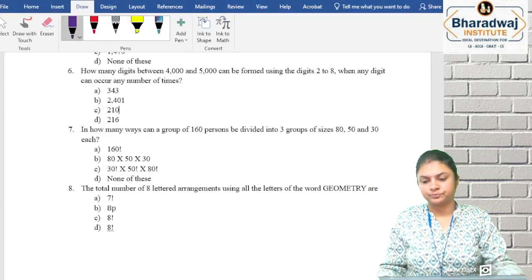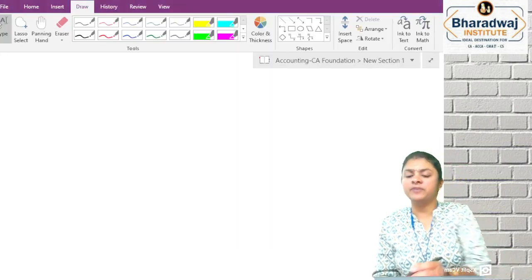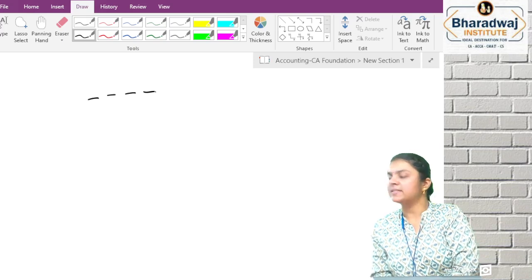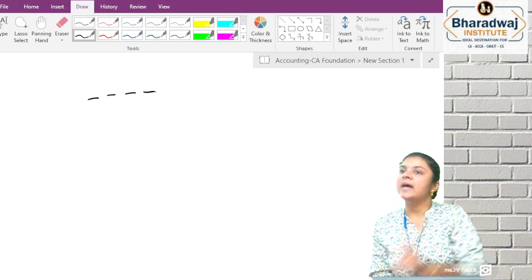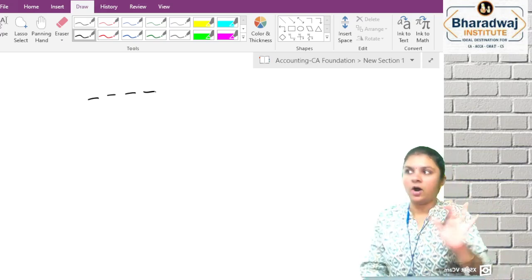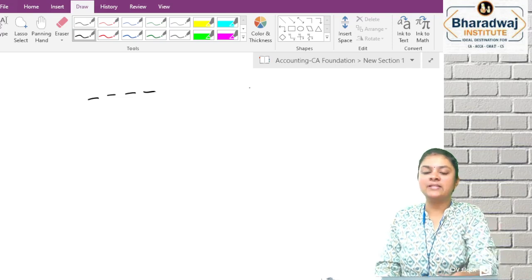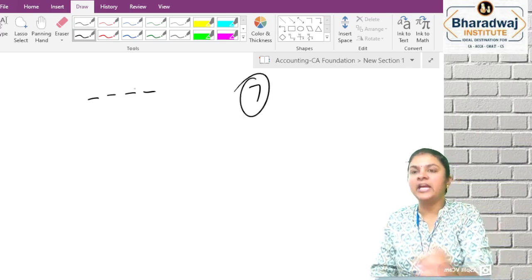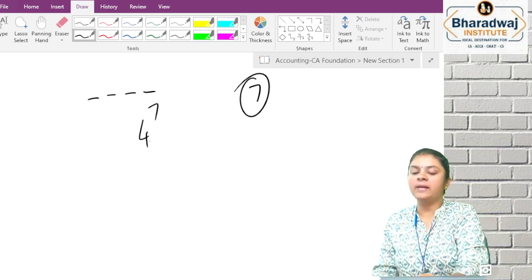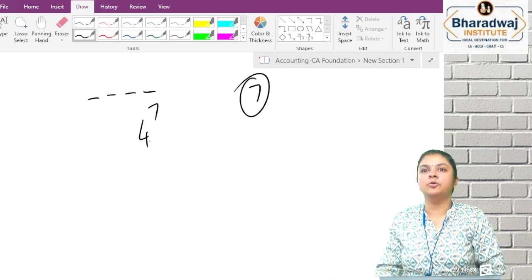So between 4000 to 5000 na how many places? 4 places. Now 4 places I can have any number of times any digit occurring. So ideally, normally if you look at the rule of repetition, 7 numbers are there. For each number, how many places are available? 4. So normally, we will 4 to the power 7.